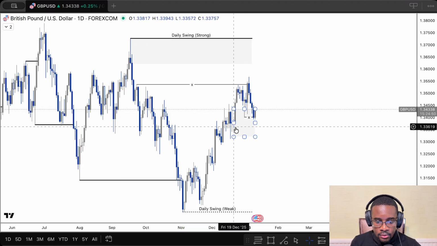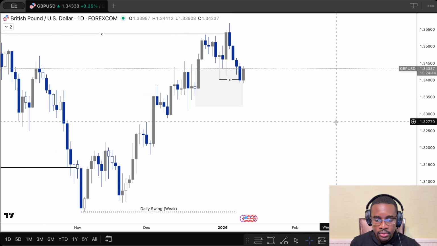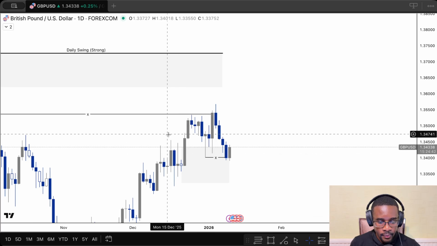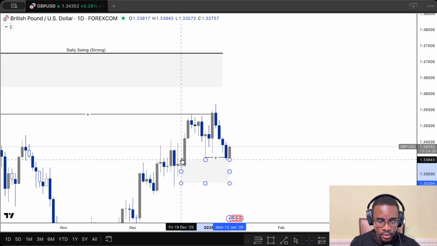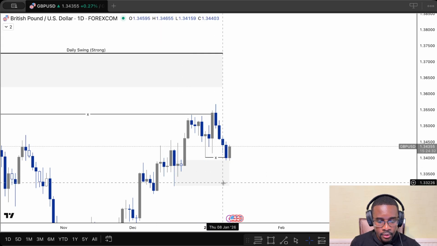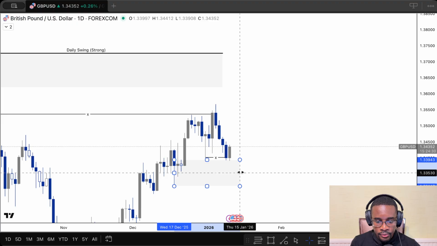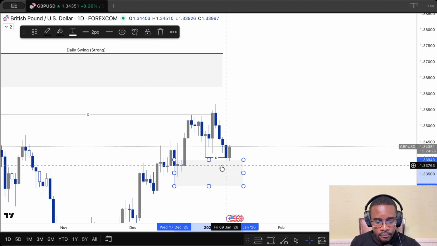Okay, so we are in this daily POI, so let's do it this way. I'm going to bring it down to there. So we just mitigated the daily POI.